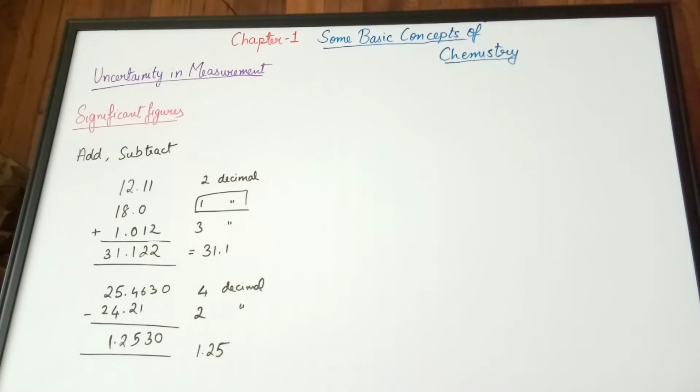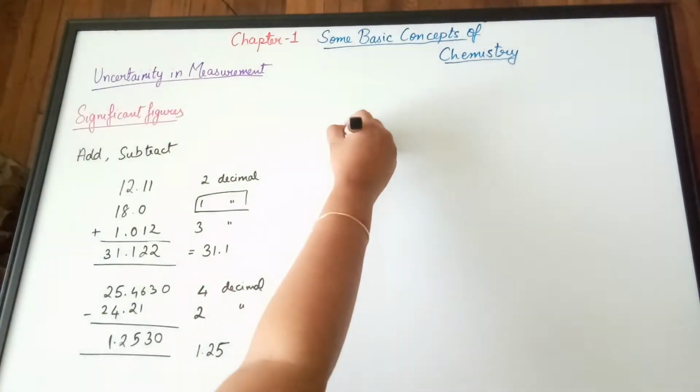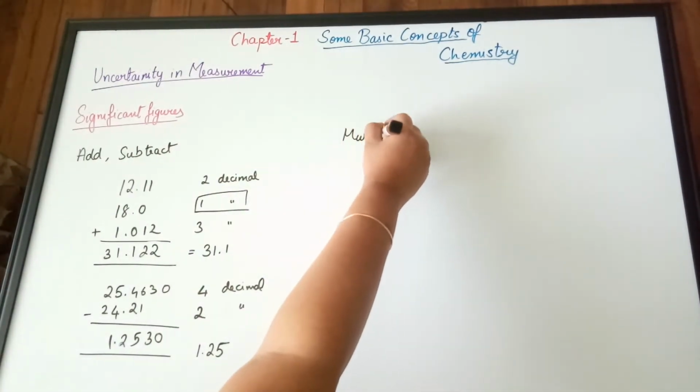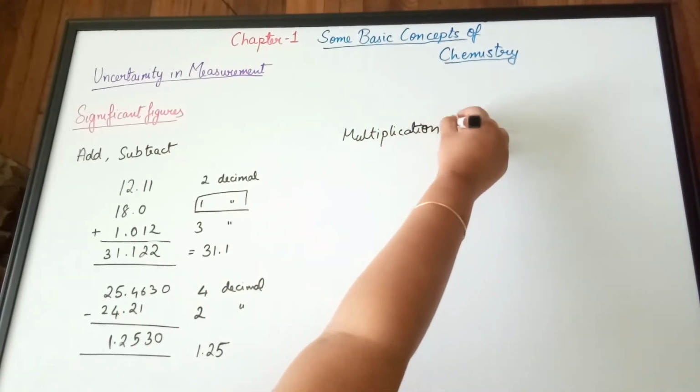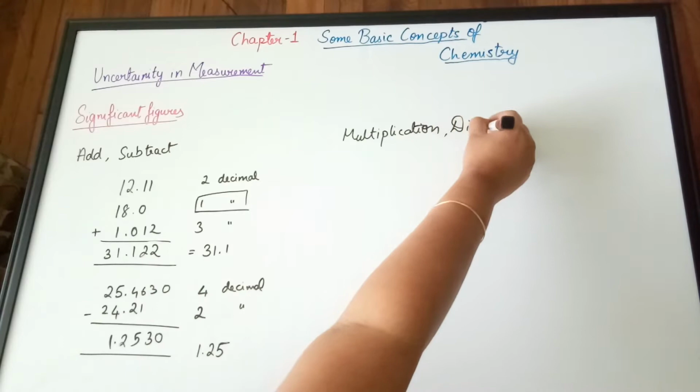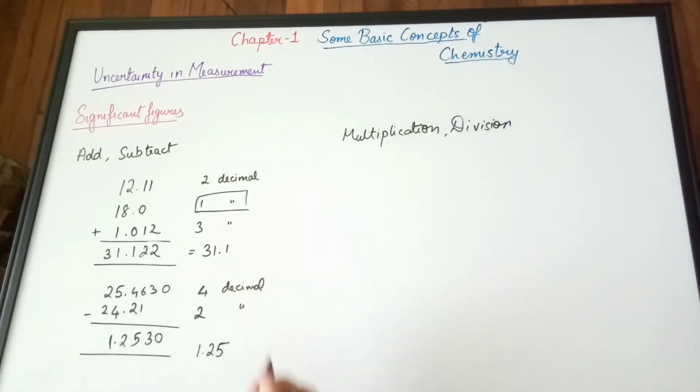Now for multiplication and division, the answer is reported up to the same number of significant figures as the term with the least number of significant figures.